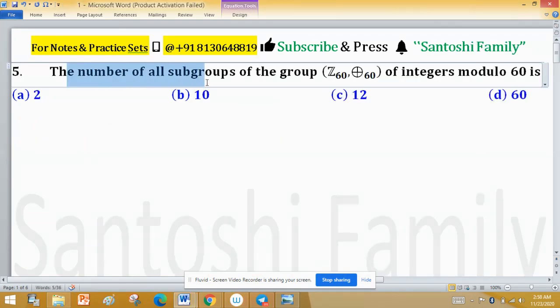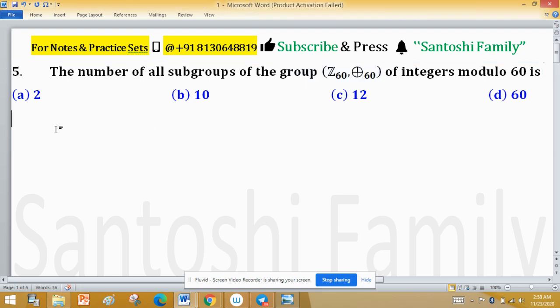Number of all subgroups of the group Z60 over integer modulo 60 is. It is a very simple question, and we have to find the total number of subgroups of Z60 over integer modulo 60.